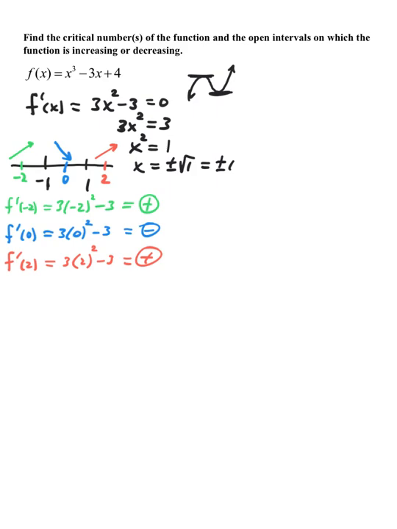Okay. Let's step back and survey this. Our derivative was positive in 2 of the 3 intervals. The interval before our first critical number, also the third interval, the interval after our second critical number.